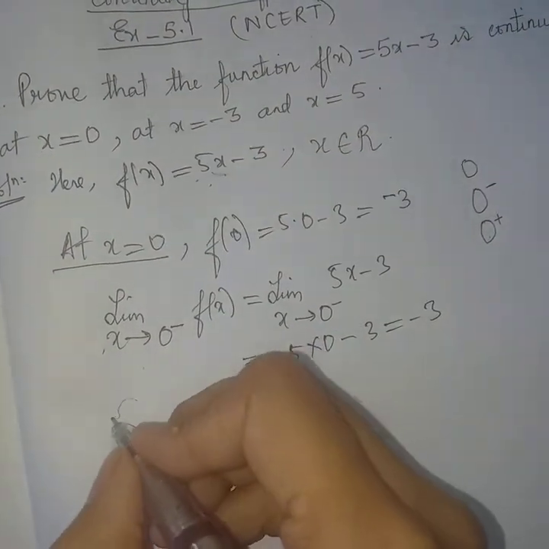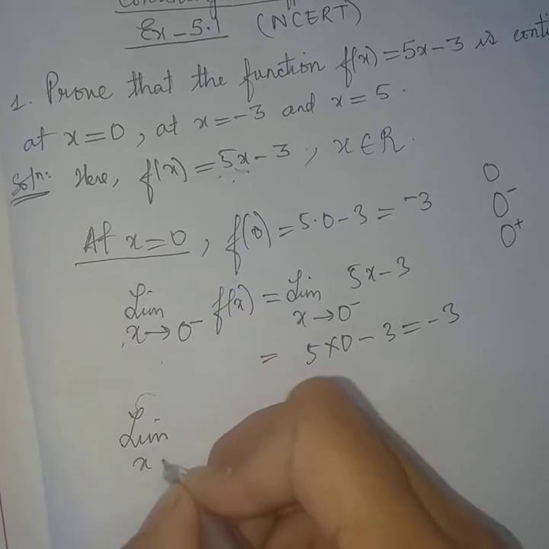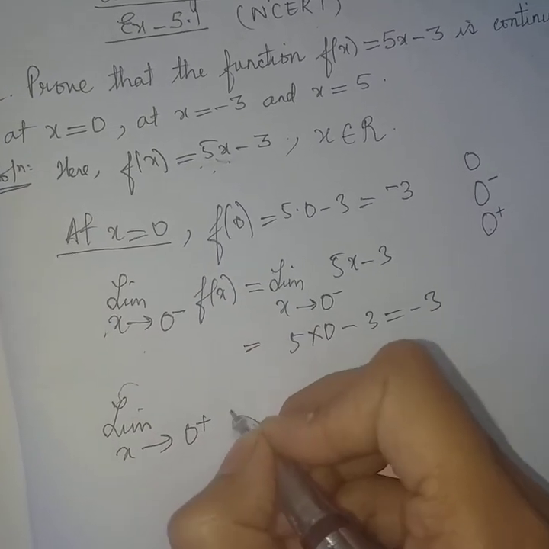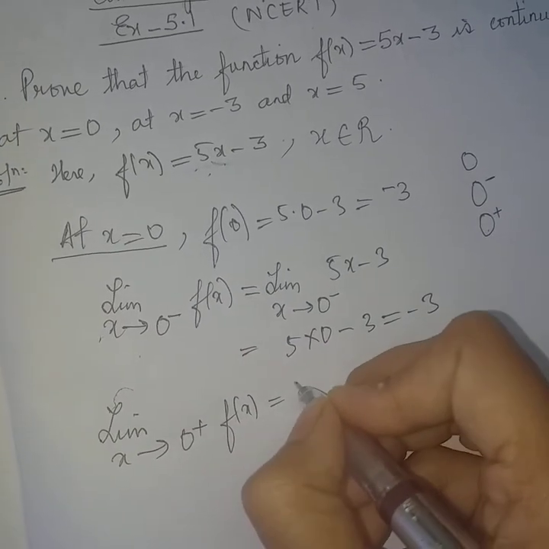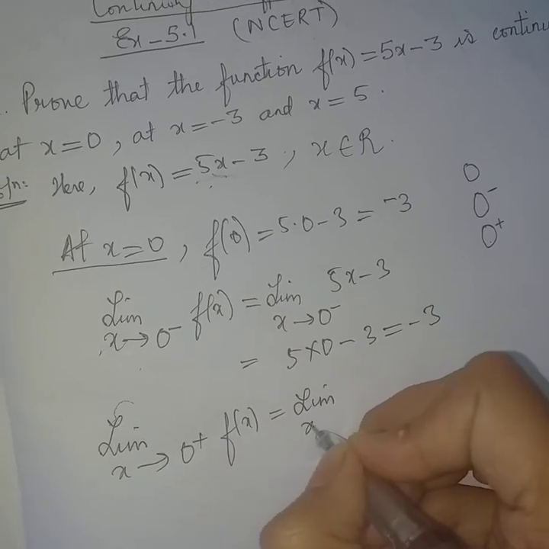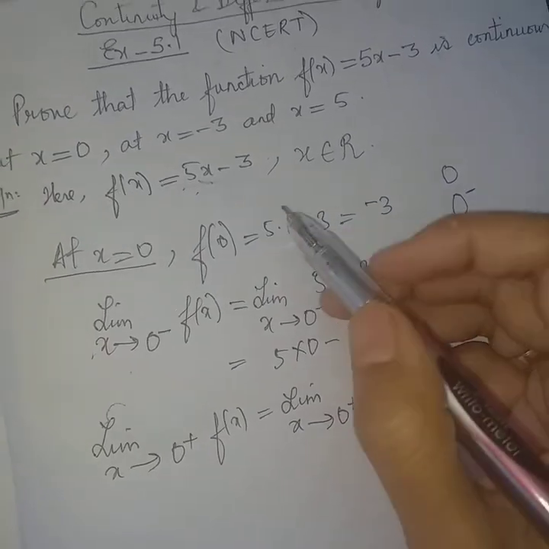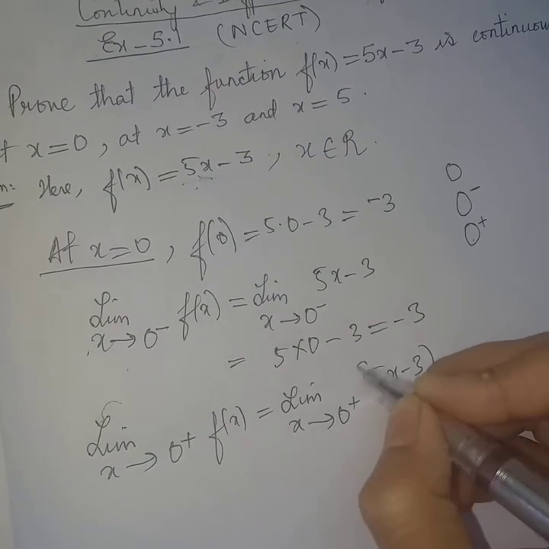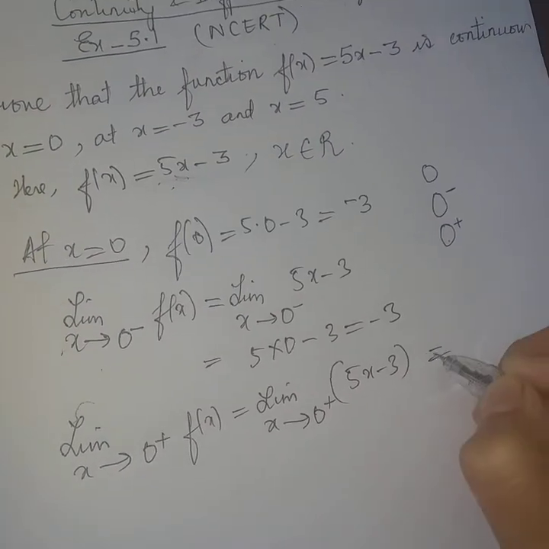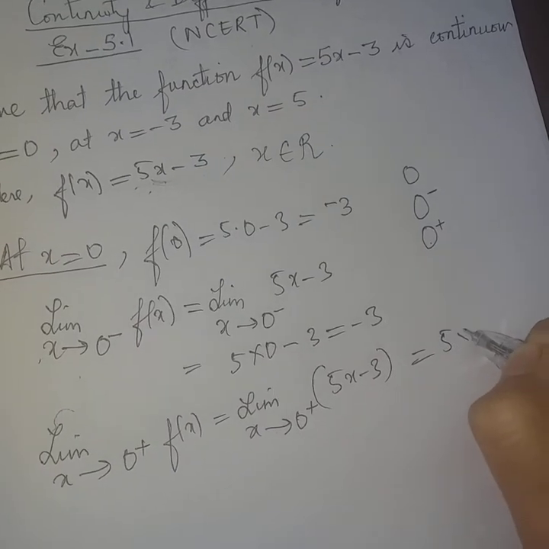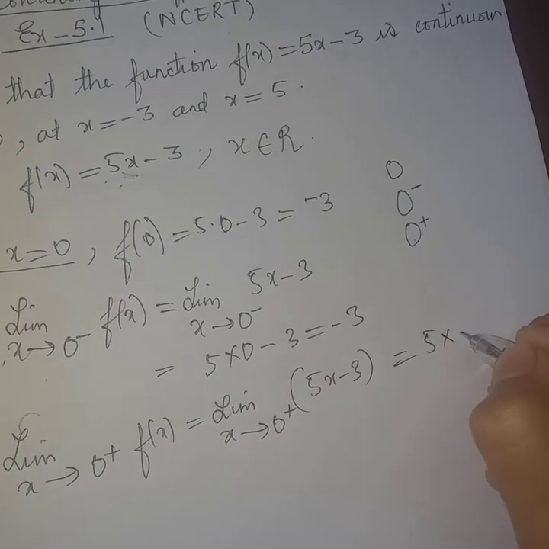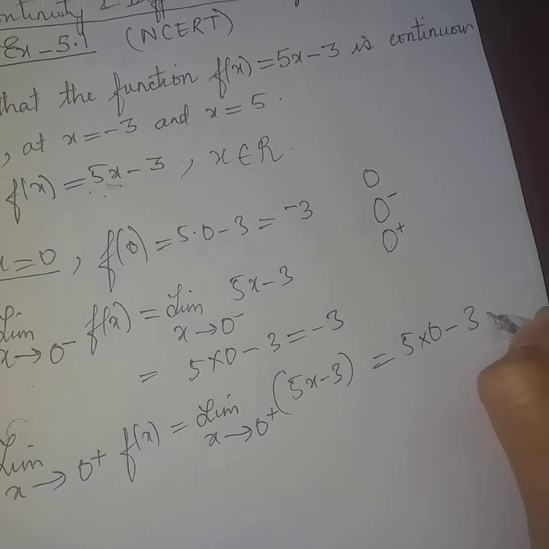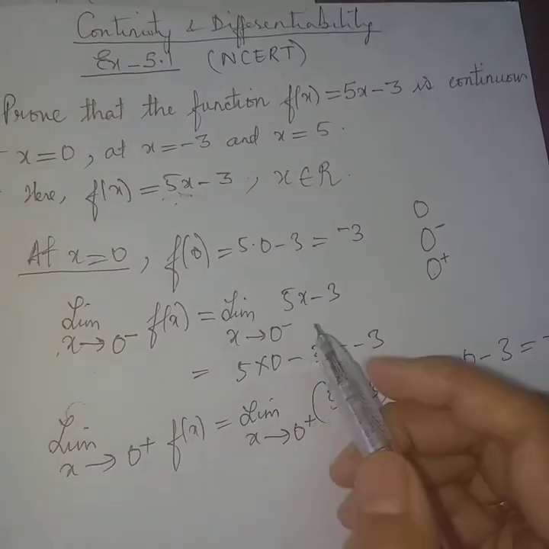Again, the right hand limit, when x is slightly greater than 0. What will be the value of the limit? When x is slightly greater than 0, the function is the same again. So here again we put x equal to 0, because the value of x is very close to 0. So here again it is minus 3.